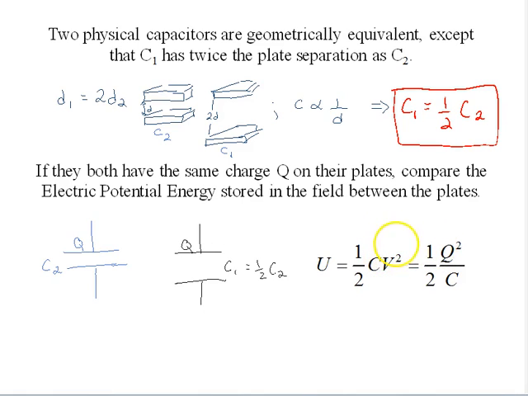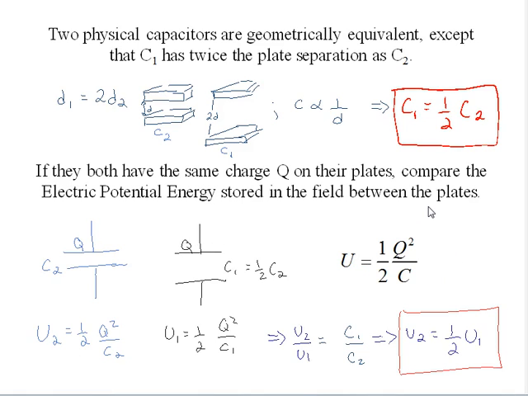We have 1/2 CV squared, and we have 1/2 Q squared over C. But what's the same between these two? What we're given is the same as the charge. Let's use this theory for potential energy, and we'll see that between the potential energy in capacitor 2 and capacitor 1, the only difference is the capacitance.